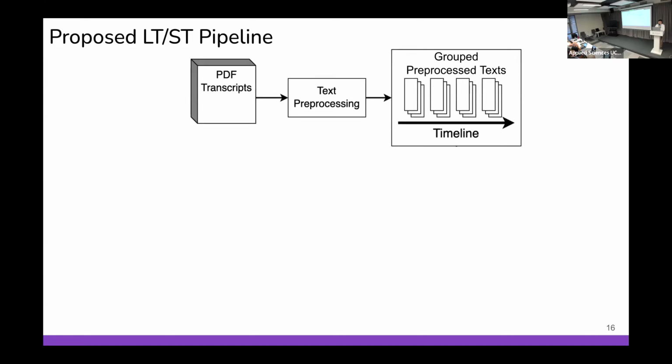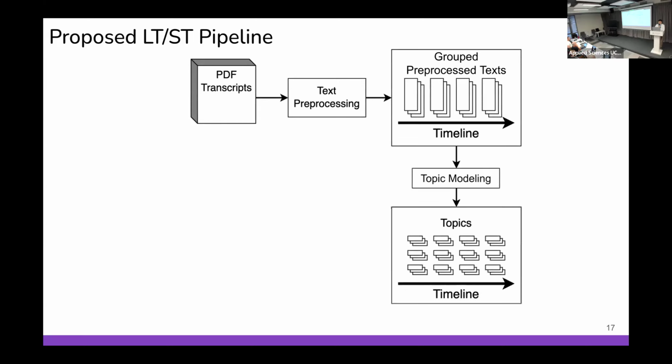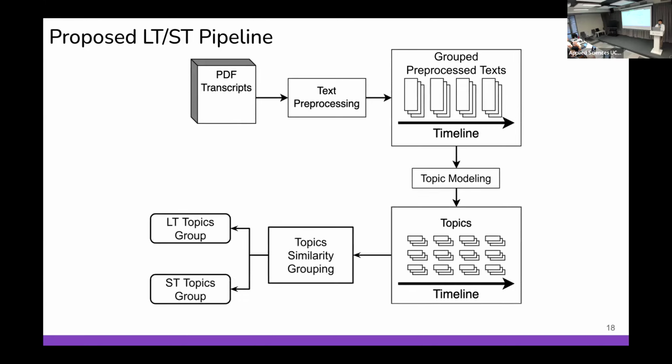It's an important step, so we will discuss it a bit later. But in short, we are not interested in doing topic modeling file by file. We are interested just in groups. Then we apply topic modeling, and we get topics from this. And finally, we apply topic similarity grouping, which will return us long-term or short-term problems.